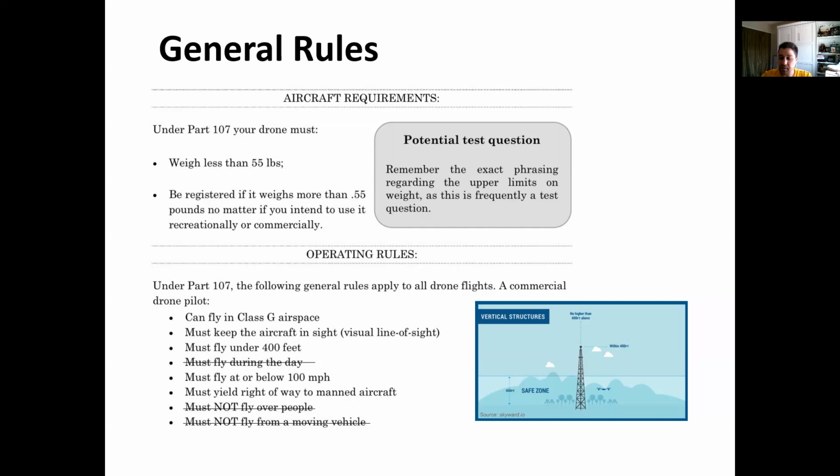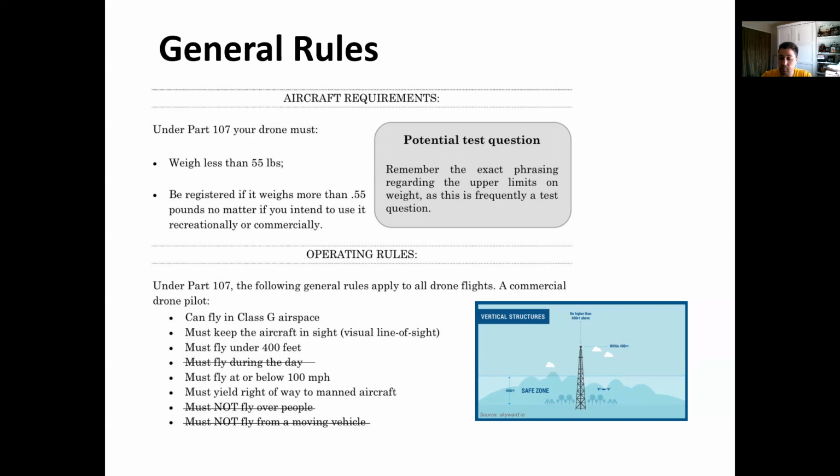Must fly under 400 feet. 400 feet is the drone ceiling. Notice I've crossed out fly during the day. That was amended recently. You now can fly at night, given some modifications or considerations for the lighting on a drone.